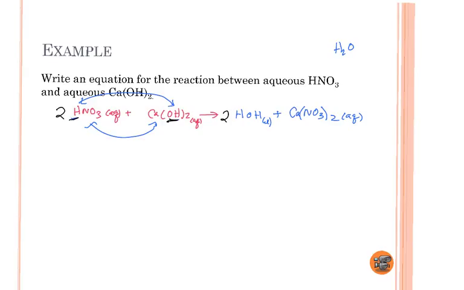So there's 2 hydrogen ions, now 2 nitrates on the left side and 2 nitrates on the right side. Okay, and then we have 2 hydroxyls on the left side, 2 hydroxyls on the right side, and finally we only have 1 calcium, which is checked. So now our equation is balanced. So that's how we write our final equation.